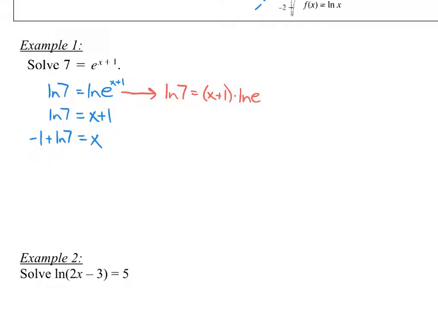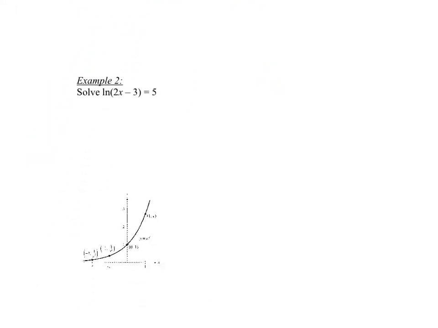Well, what does the ln of e equal? 1. That equals 1. That's basically why the inverse relationship works. You don't necessarily have to write that in order to get to there if you just recognize it as an inverse. Alright, so that's an exponential function.